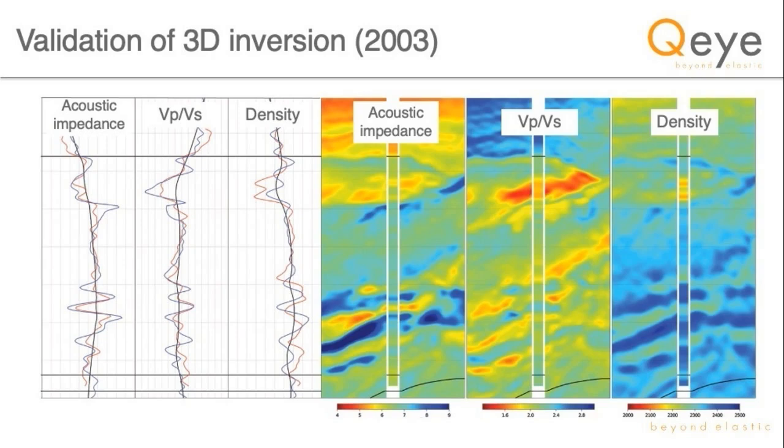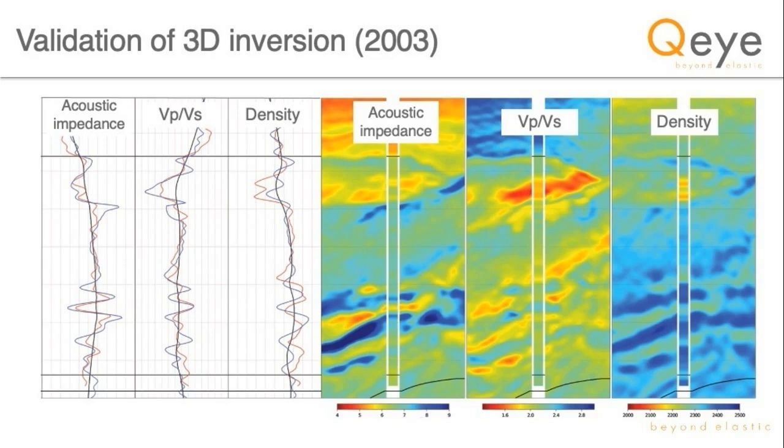And you see that curve is fairly simple. So overall, for acoustic impedance, you see a very good match between the well log, again the red curve, and the inversion result, the blue curve. If you go to the next column, the VPVS, you also see quite a good match between the well log and the inversion result.